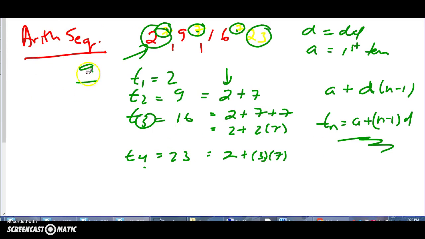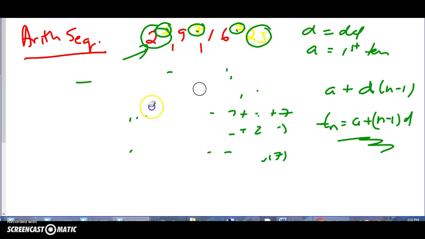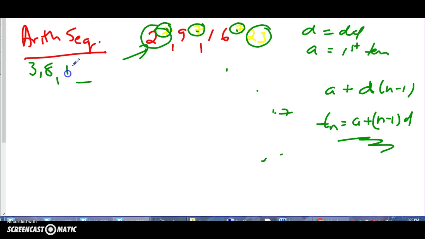So let's look at that. Let's leave it there. And let's look at some things like this. And let's try to figure out some terms. So if I had a sequence like this from your notes, 3, 8, 13, arithmetic, I'm adding 5, I'm adding 5.